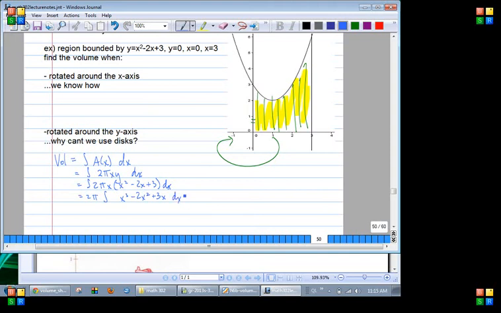And what's missing? The boundaries. So we need the boundaries for which variable? We are integrating with respect to what variable? dx. So we need the boundaries for x. 0 to 3.